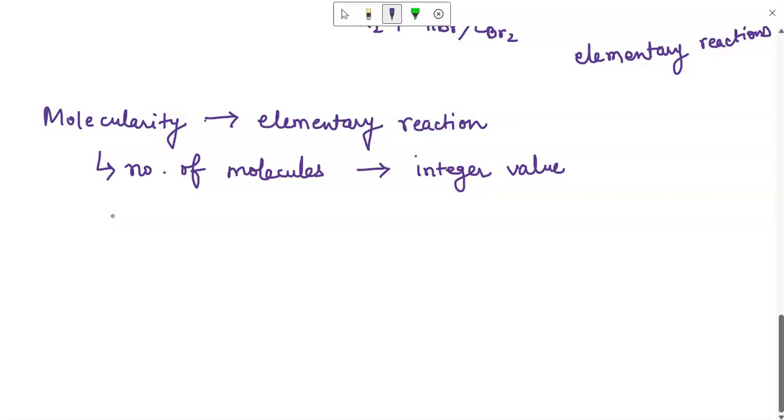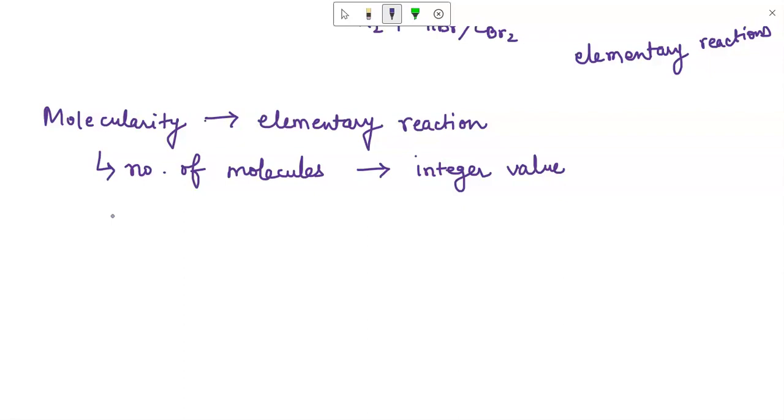Now you see, molecularity is not that much used when we are studying the reaction engineering subject, but it is still good to remember. But there is another concept that we need to keep in mind, that is called the order of reaction, which I will be coming to now.